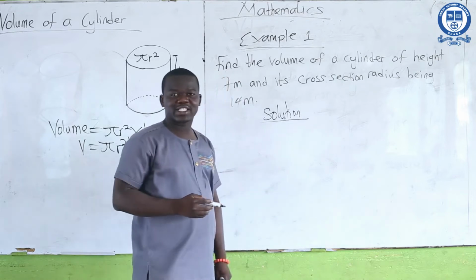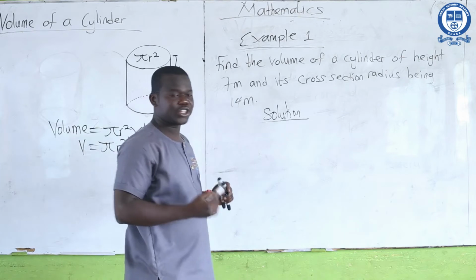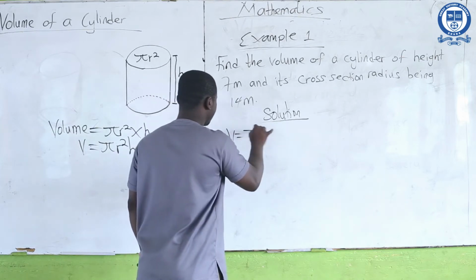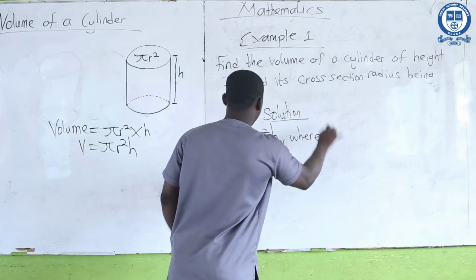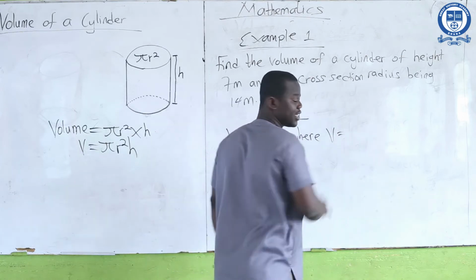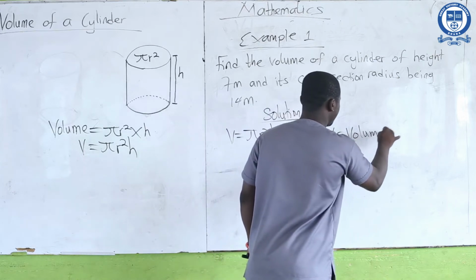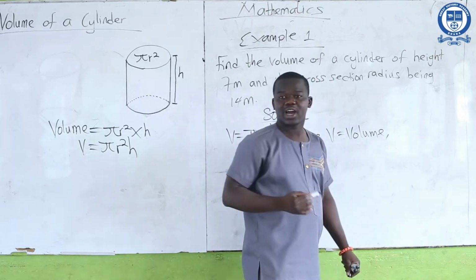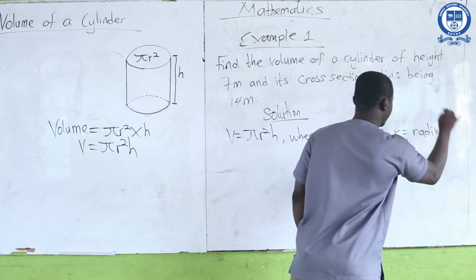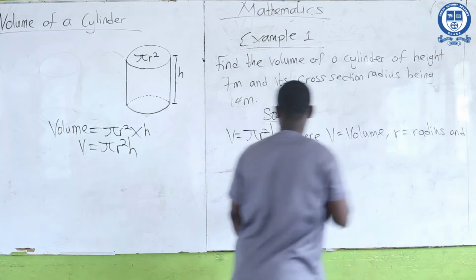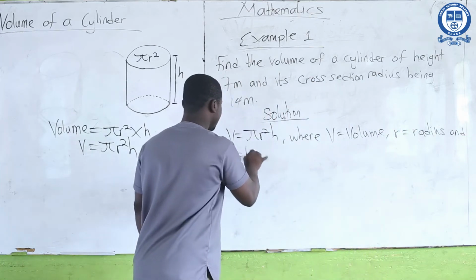We're able to deduce that the volume of a cylinder is simply pi r squared h, where V is volume, R is radius, and H is the height.